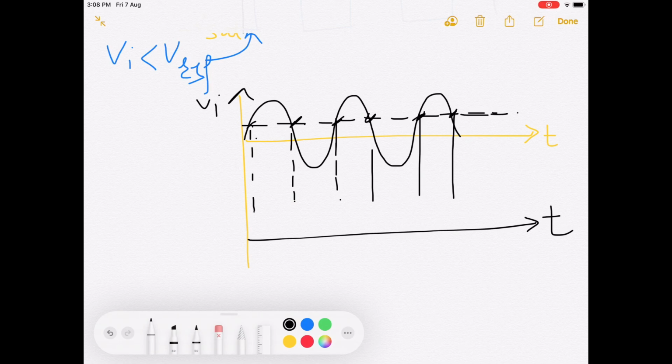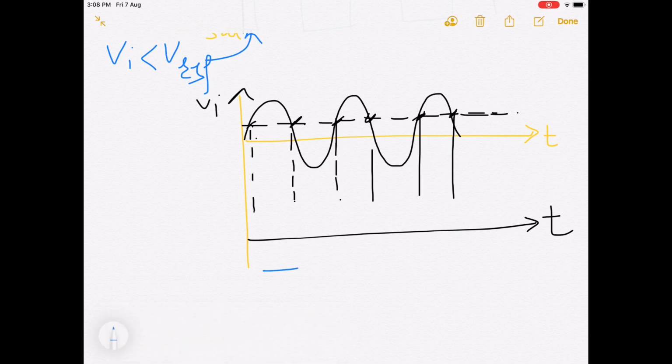At the output side, when Vi is less than V reference, your output will be minus Vsat. So, for the positive peak there will be a negative peak at the output.